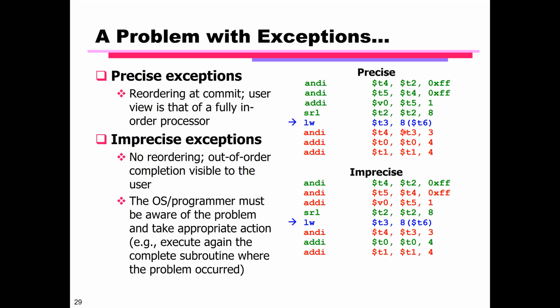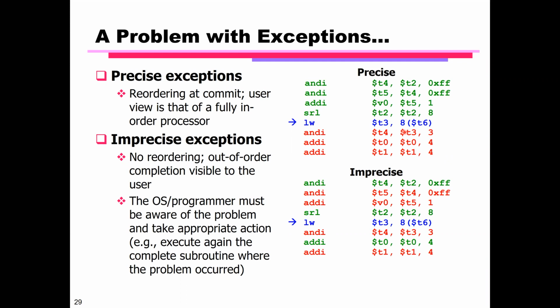Now, I said before what the operating system has to do, which was simply to read the page table, figure out the correct translation, put it in the TLB, and, I said before, restart the load word, reissue the load word. So how does that happen? So the exception is a jump or a call.